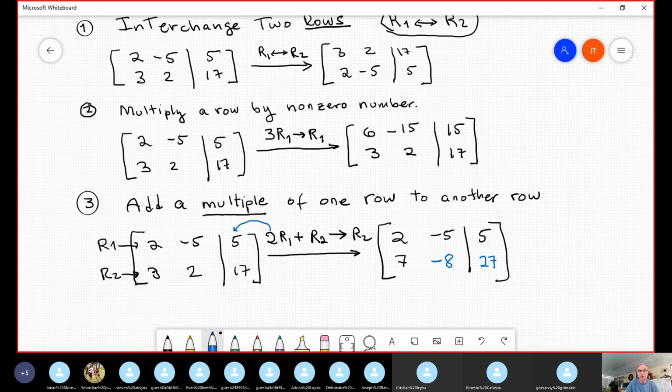Question. This is the most complicated row operation. The students normally don't understand it very well, but we use it every day. 27. Any question? Come on. Clear? Row operation. So let me summarize.